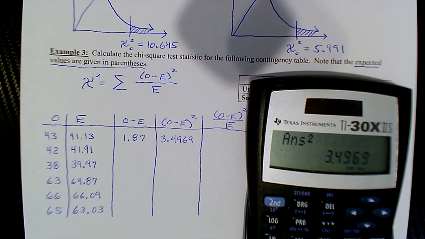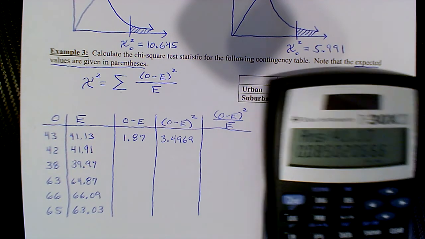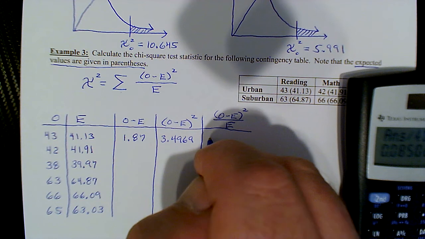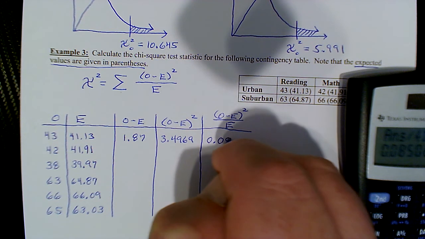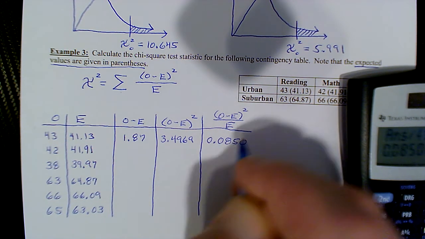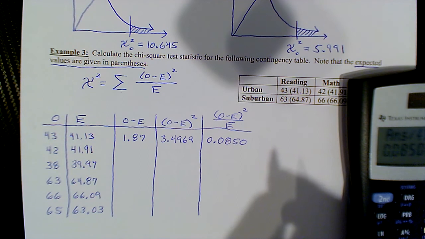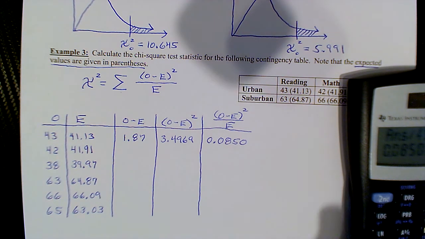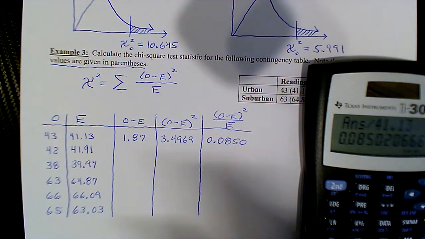So now I'm just dividing that by E, the 41.13, and that gives me 0.0850. I'll leave it at that. And you want to take it out to at least 3 or 4 decimal places in the intermediate calculations.